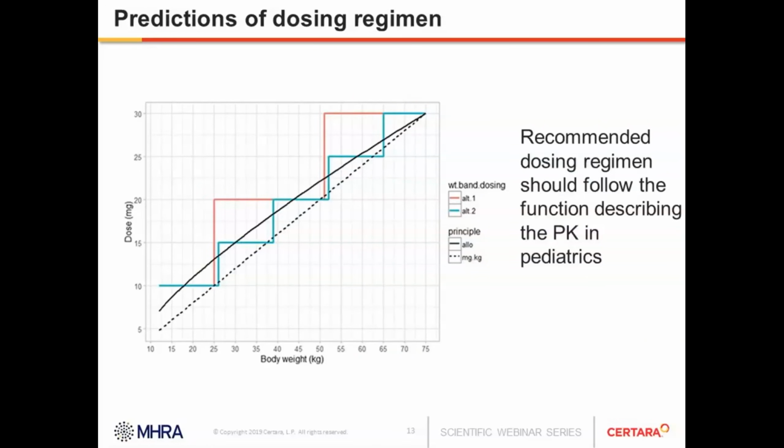In this case, the green would be the most preferred option, where there are smaller dosing steps. Of course, that has to be considered alongside other issues such as formulation. But at least you can then see the relationship between the weight band dosing and the principle underlying the model, whether it's allometric or mg per kilogram.